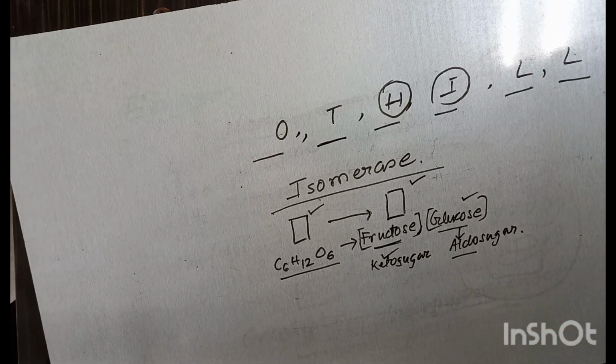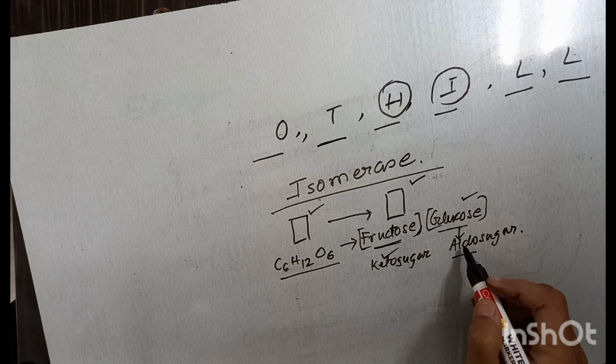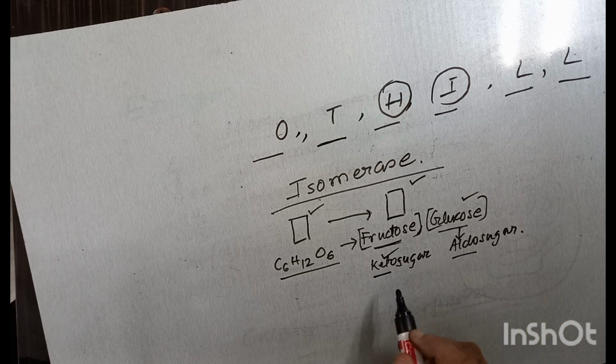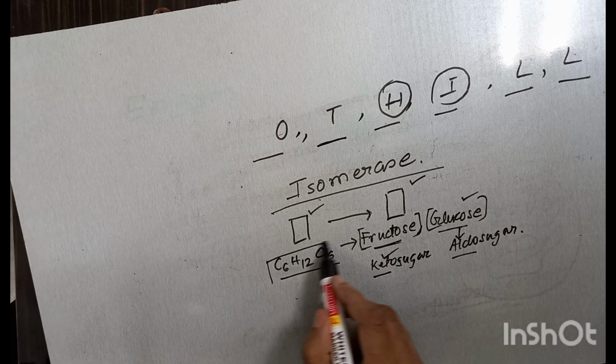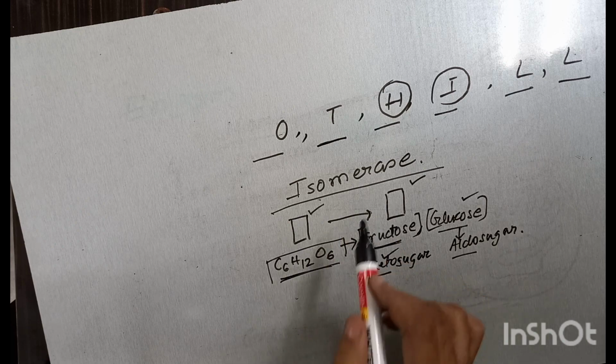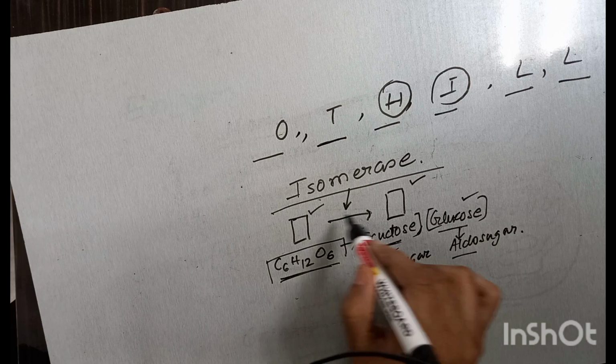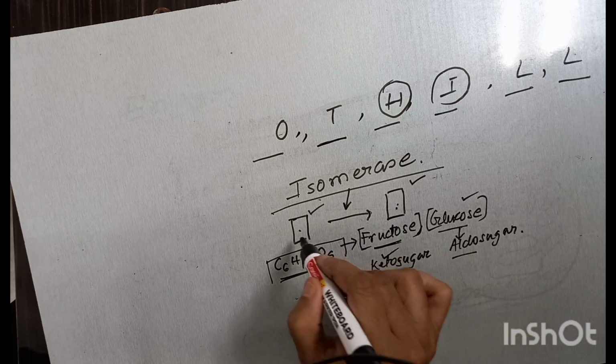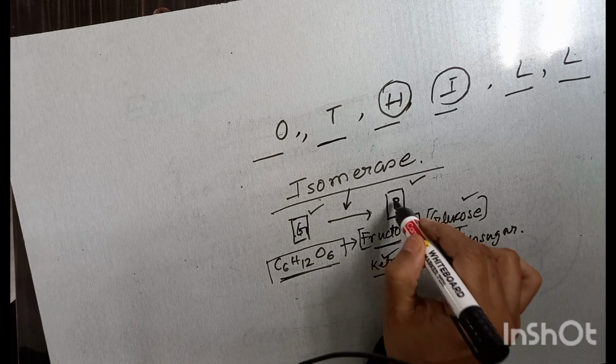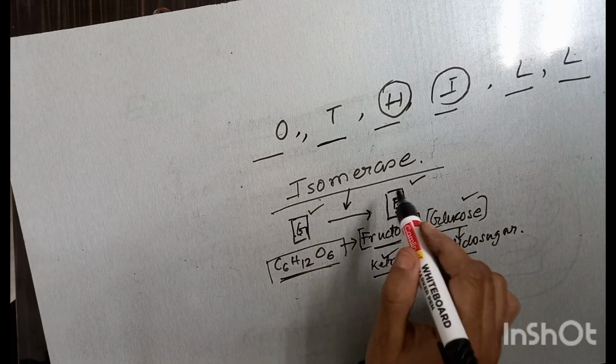Aldo sugar means it has an aldehyde group, whereas fructose has a keto group, but both have the same molecular formula, so they are isomers. Any enzyme that can convert between the two isomers, say glucose to fructose and fructose to glucose.